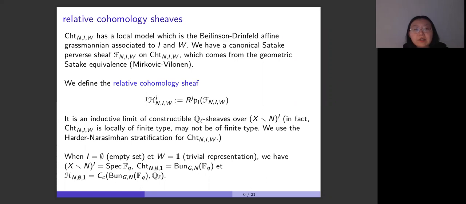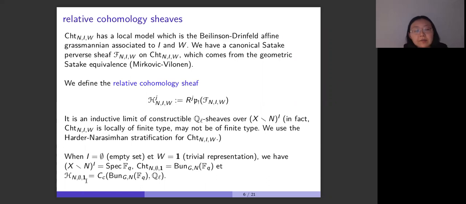The cohomology is a kind of generalization of the space of automorphic forms. As we have already said, when I is the empty set and W is the trivial representation, the I-th power of the curve is just a point, and the stack of shtukas with no legs is just the F_q-points of Bun_G, where we can also have the level structure.